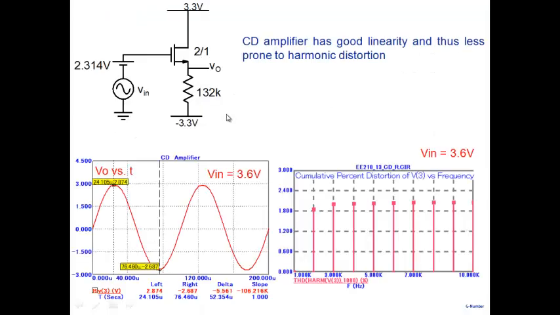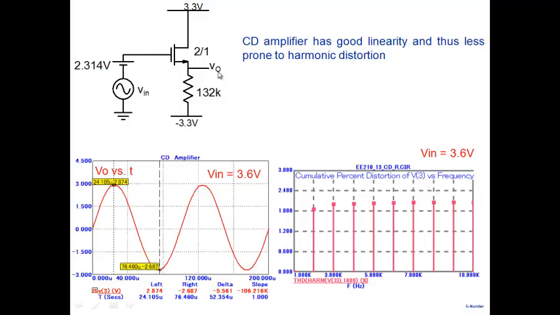And this is what we find in practice, that if I apply a sinusoid here, note that I've applied almost like a 3-volt sinusoid, so I'm getting close to, input is 3.6 and the output is 3 volt. So it's almost like rail to rail swing here, and distortion note here is less than 2%. So it's a highly linear amplifier, and that's the other advantage of it. So it offers you low output resistance and it's a very linear amplifier.